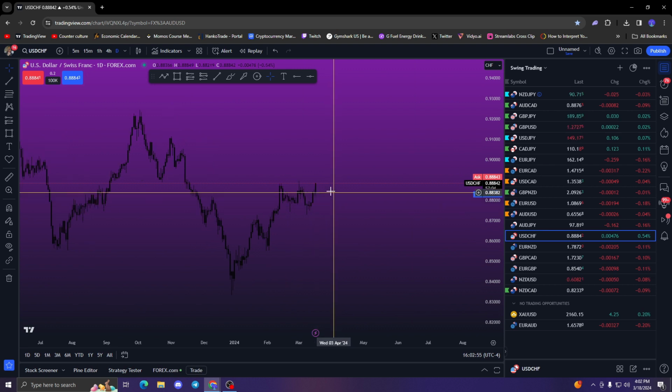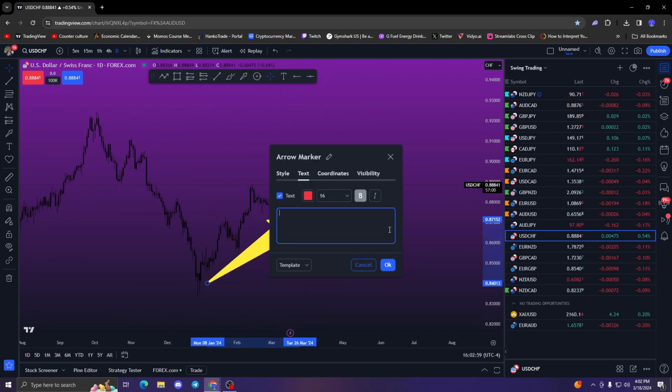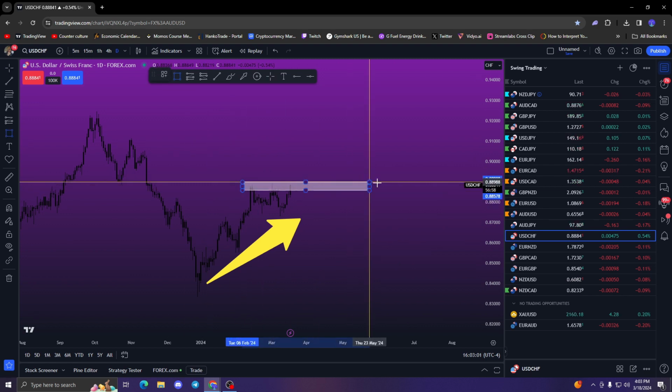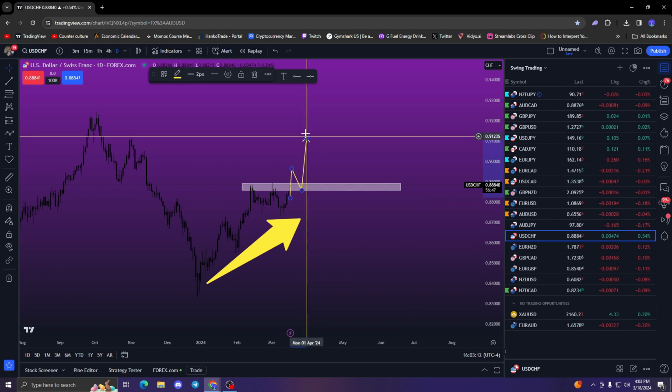This one actually looks pretty good. USD CHF from the daily. We're obviously heading upwards, and price is currently sitting at this resistance, looking like it's going to break above. And like I've been saying, if that happens, wait for the retrace to then head back up.